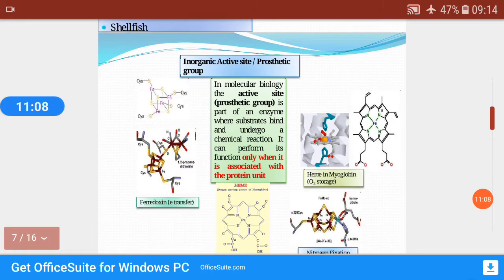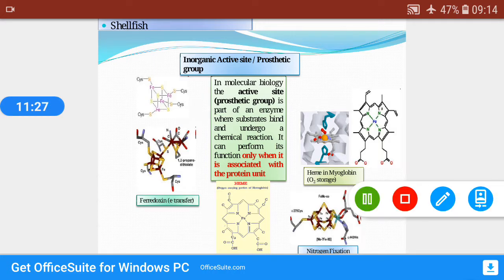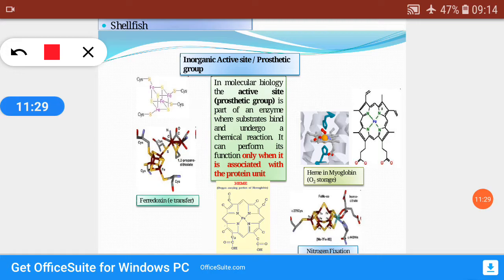So here I have given some of the structures of these complexes, that is iron sulfur cluster proteins, that is ferredoxins. Okay, their crystallographic structure, and in the right side the heme, that is myoglobin, which helps in the oxygen storage, and the nitrogen fixation enzyme, that is nitrogenase enzyme.